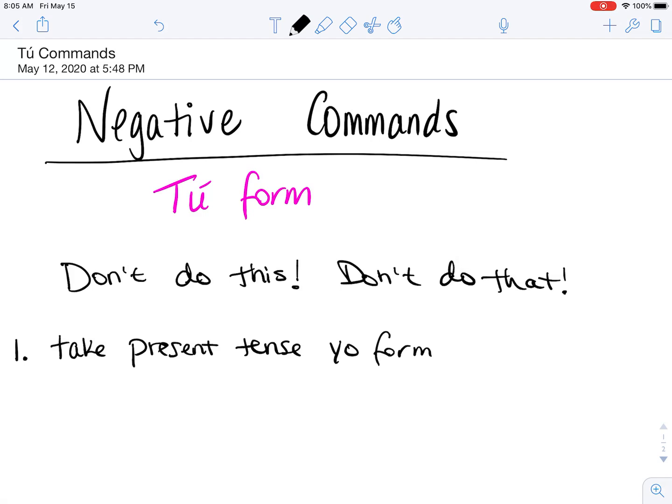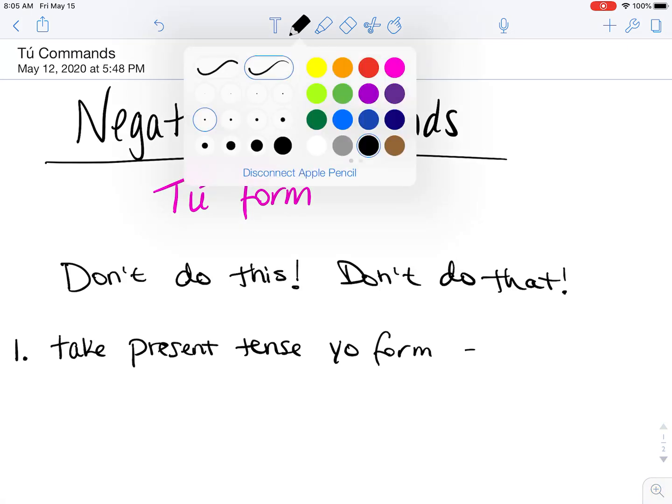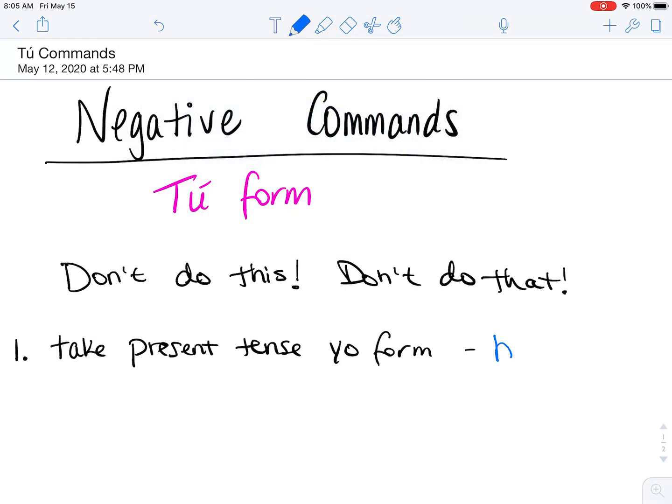I'm going to use bailar, that was our example the last time. I'm just going to stick with the same examples so you can see them side by side in your notes. The present tense yo form of bailar would be bailo.